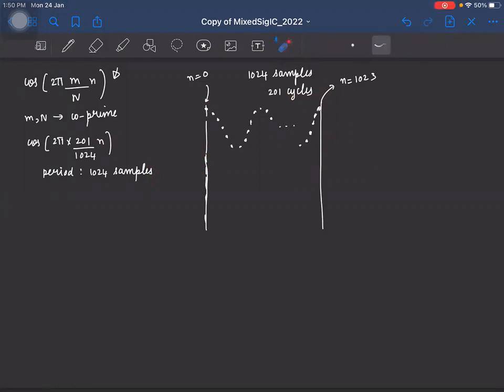Now if we form the periodic repetition by taking the signal and pasting it to the right, what will happen? Let's say this is my 1024 sample. The sample at 1024 will be the same as the sample at n equal to 0, because you are forming the repetition.